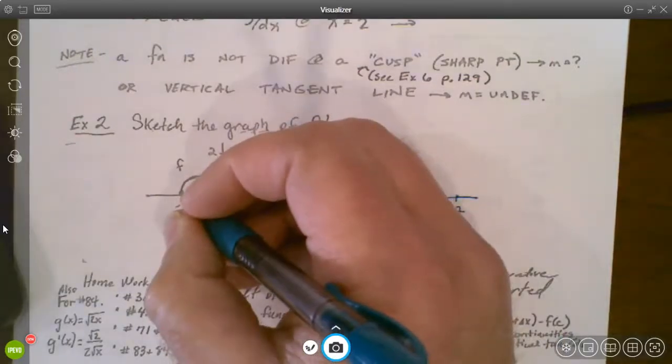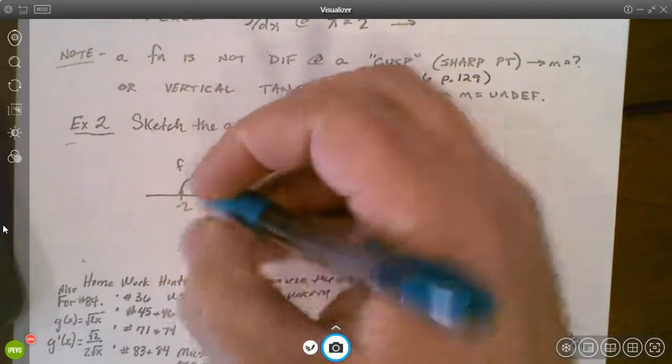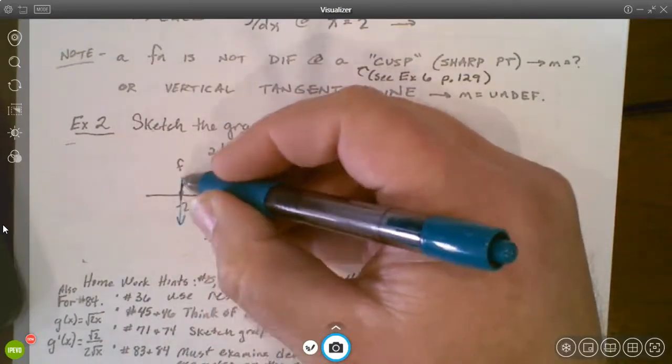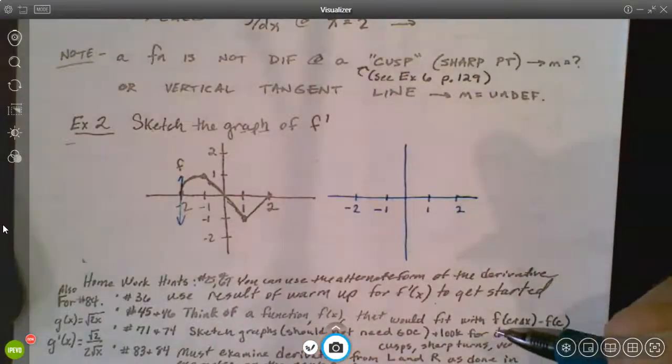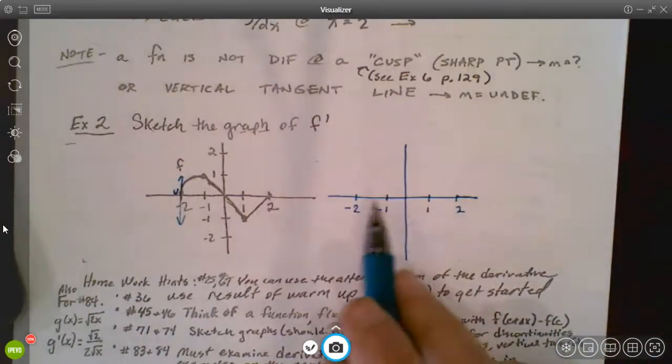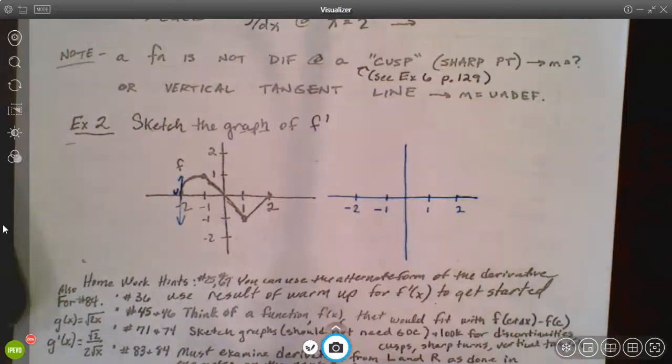Well, we know that at this point, then it would be undefined, because if I have a vertical tangent line right here, which it looks like we do, right, then technically at that point specifically, we're undefined. So when I start to draw over here, I know that at -2, I should have an undefined or an open circle at that point.